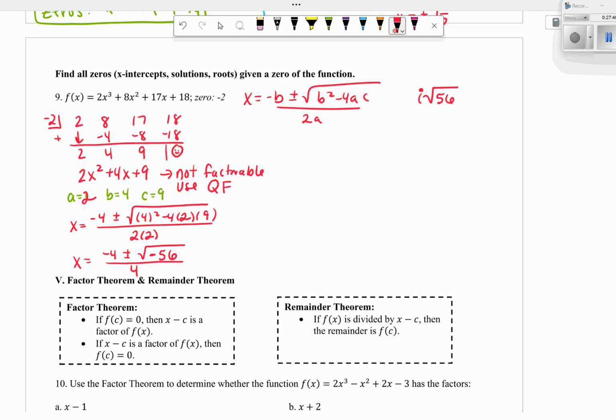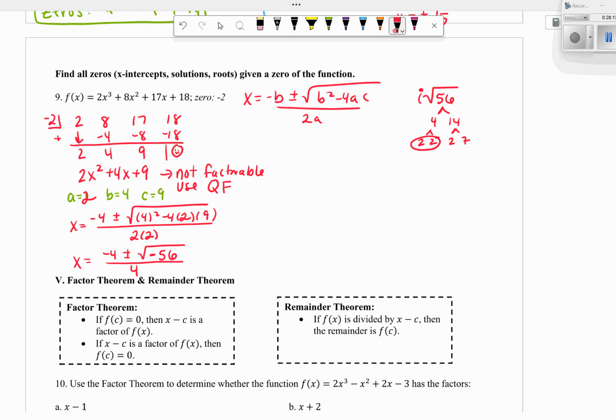To simplify your radicals, we're going to break down our factor tree. So 56 breaks down in a few different ways. Let's say you do 4 and 14, and then 4 breaks down into 2 times 2. 14 breaks down into 2 times 7, and then those don't break down anymore. Those are prime numbers. So we're looking for our groups of 2. So I see one group right here.